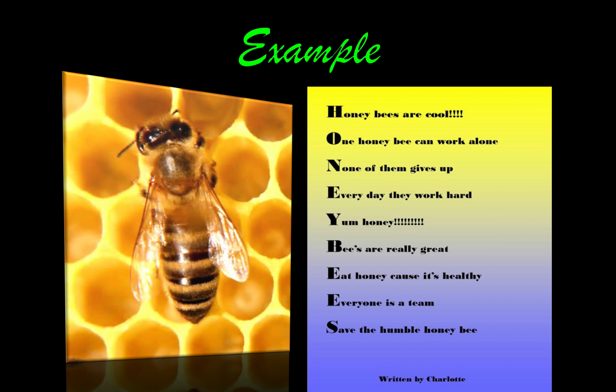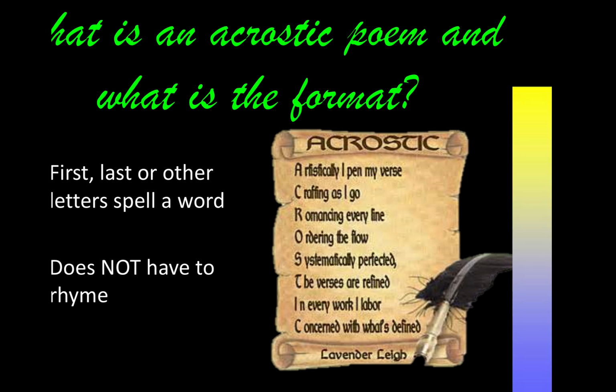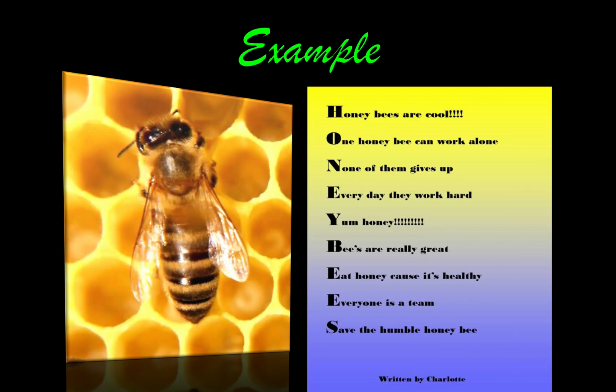Now you can see in this acrostic that the ideas aren't super connected to one another. Yes, they're all about honeybees, but it doesn't have as great a flow as the poem we just read about the acrostic. The acrostic is much more cohesive, where you're talking about the same thing and you can kind of follow that thought process, whereas this is just kind of random thoughts about honeybees.